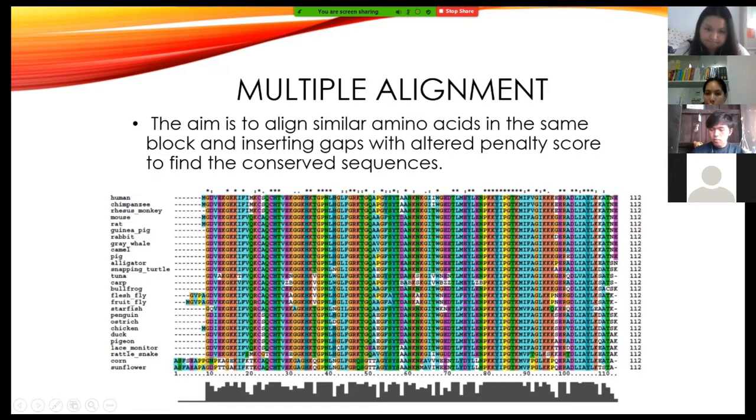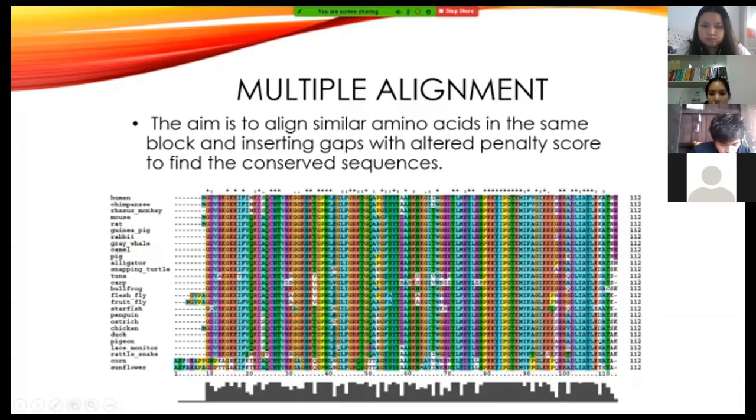This is what we call the multiple alignment. The aim is to align similar amino acids. You can see if it has the red color, it has a charge, like this one, K lysine, which has red color. And if it's hydrophobic, it has cyan, the color of the sky.